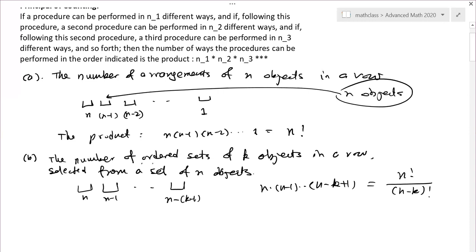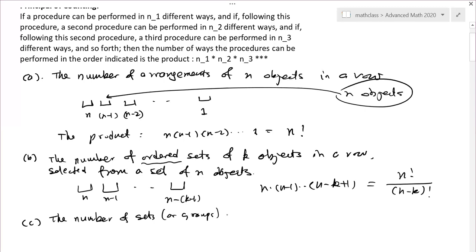I said ordered sets. We still count the order, they're put in a row. Now, if you do not put them in a row, without order, then you have to divide by k factorial. So the answer here is the number of, for example, groups or teams, or sets.